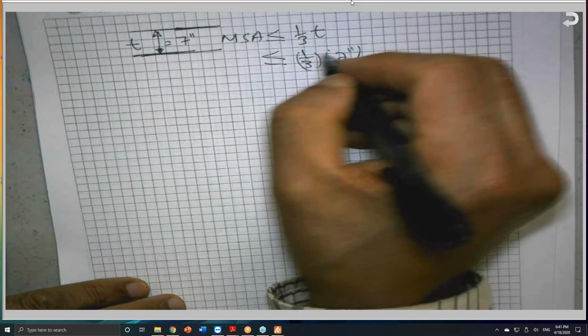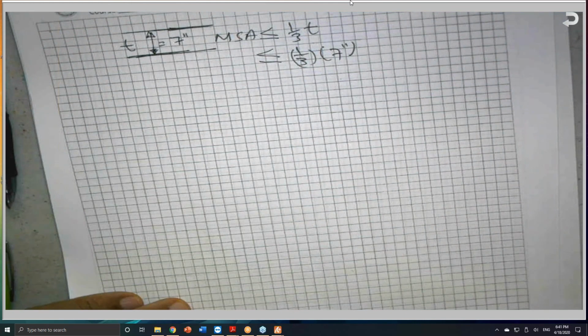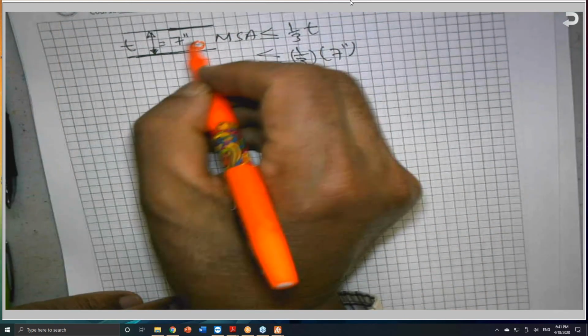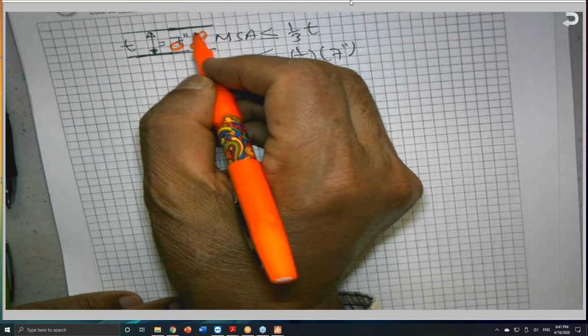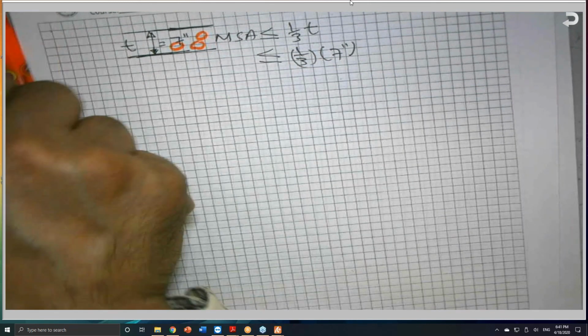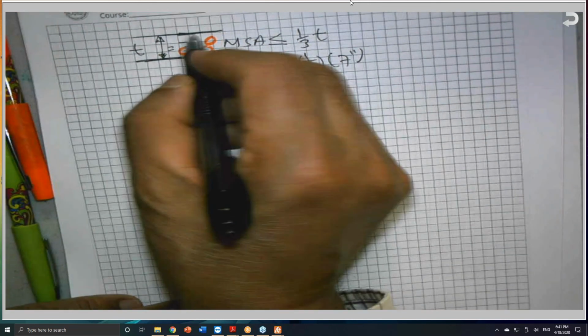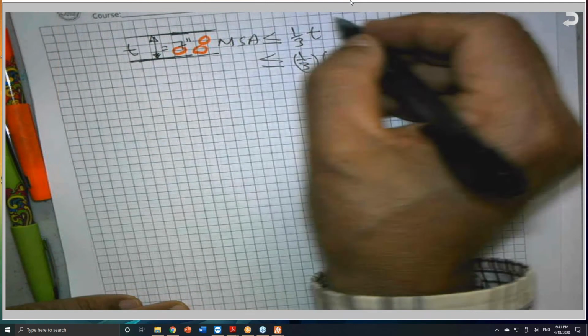This is the maximum size aggregate permissible to be used for this mixture. So the size of the aggregate should not exceed the 1/3.